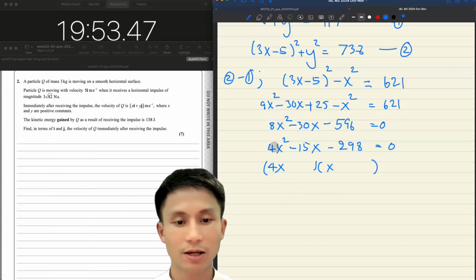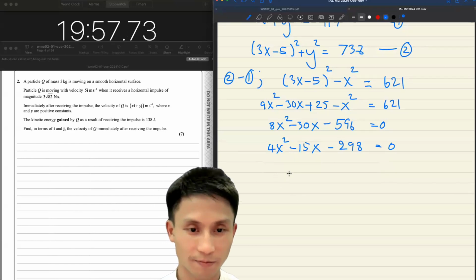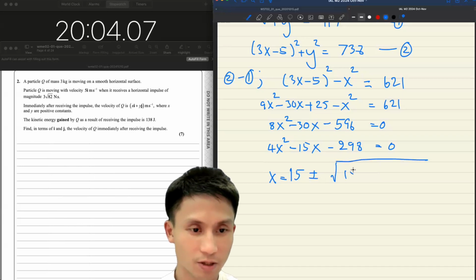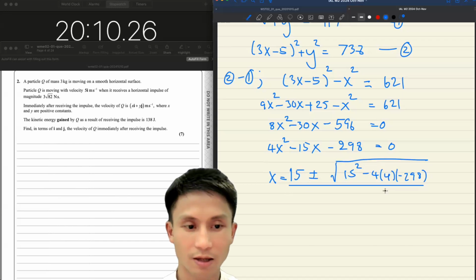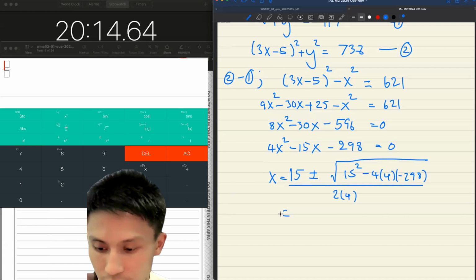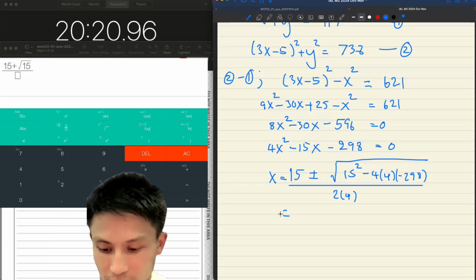Okay, I think I'm going to use the quadratic formula, guys. Probably safer here. So x equals minus b, which is 15, plus or minus the square root of b squared minus 4ac, all divided by 2a. Okay, so fraction 15. Let's do a plus first. 15 squared.